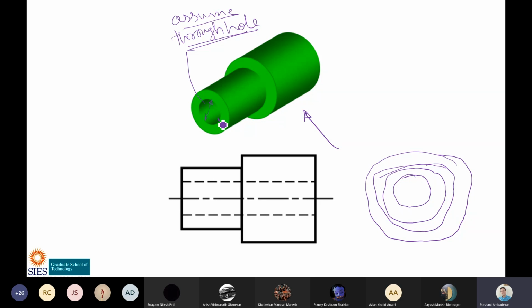I'm sorry, only 3 circles, because circles 2 and 3 will coincide. So one circle for this, a second one for this, and a third one for this. 3 circles.